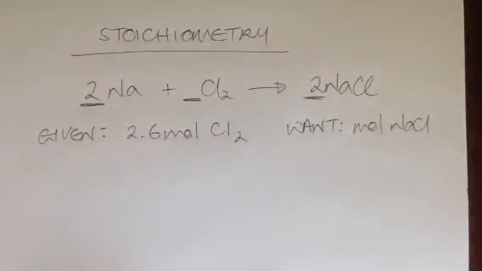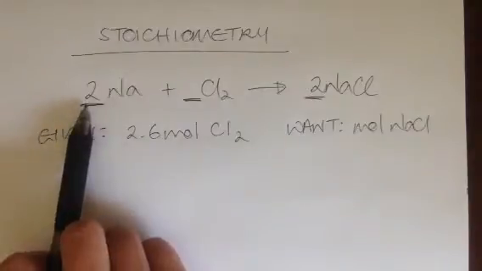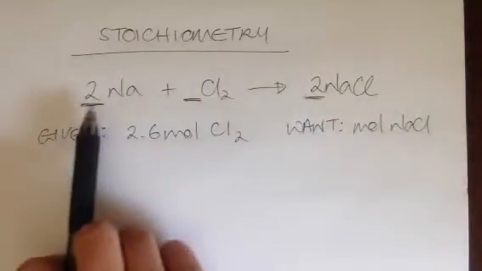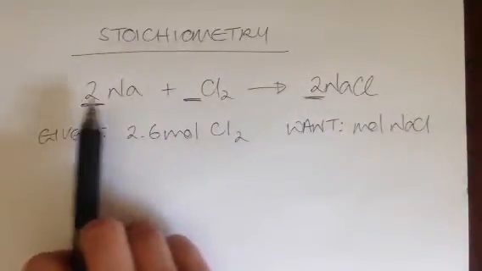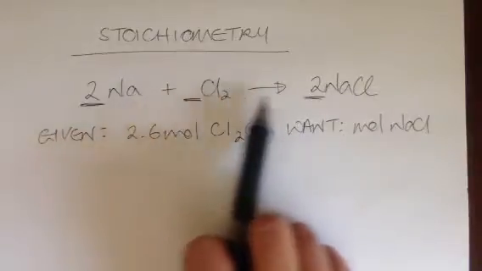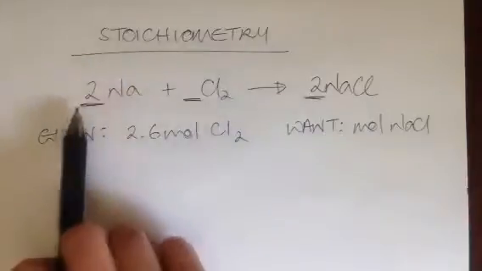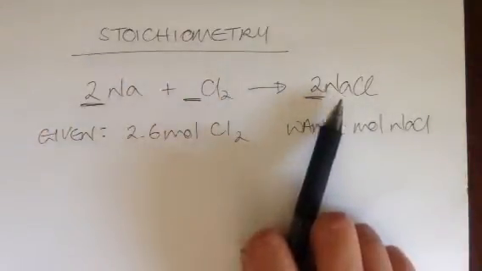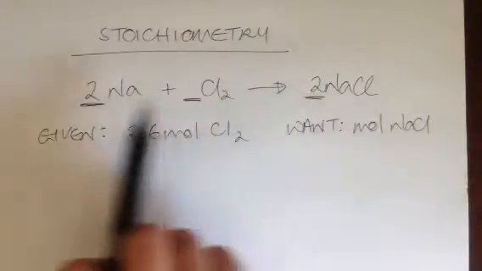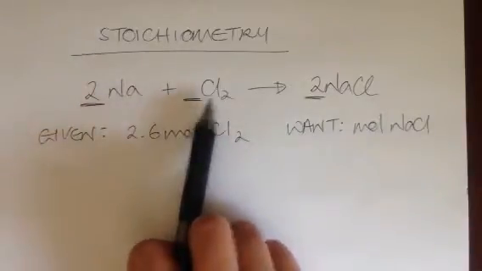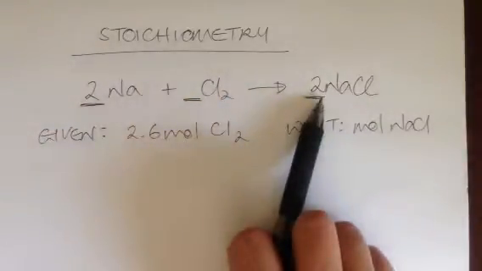We could also, of course, count in moles, because chemists like to count in moles, and the coefficients could represent moles. We could say 2 moles of sodium and 1 mole of chlorine makes 2 moles of sodium chloride. So if you're happy to count in dozens, then all you need to do is change the word dozen to moles.